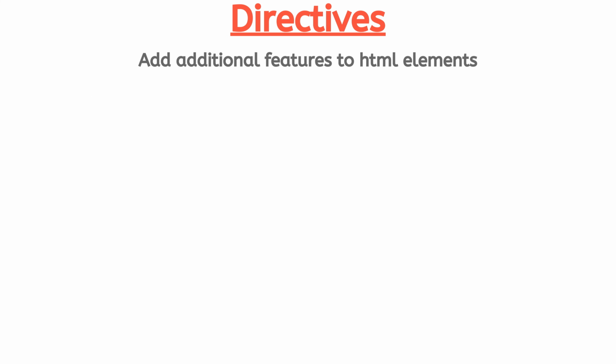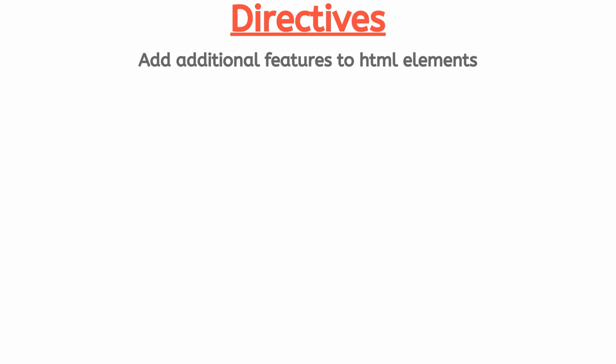Next one is directives. This is one of the core components of Angular. A directive is something which will add some additional feature or additional logic to plain HTML components, like a button or text box or anything. So it will enhance the HTML components.